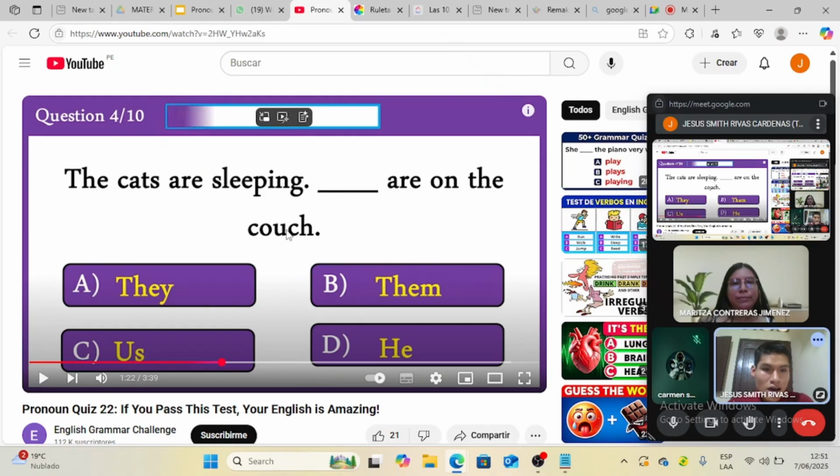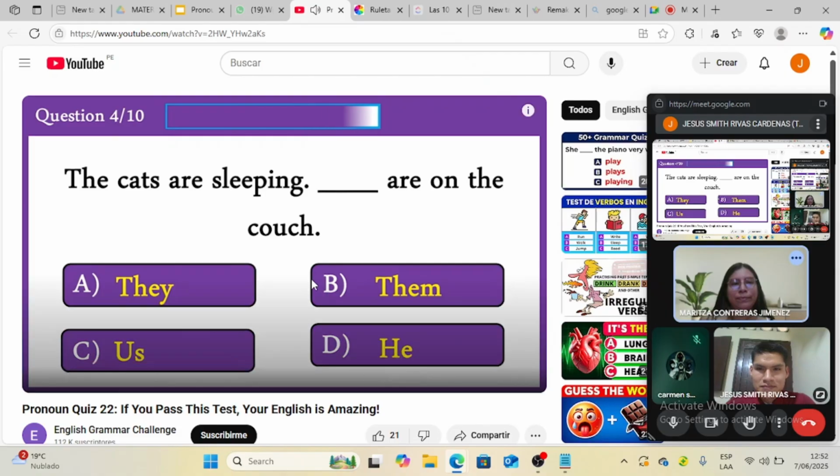It is couch, on the couch. Yes, perfect. Let's see. Yes, that's the correct answer. Here, they is used because it's plural and it is in the third person.